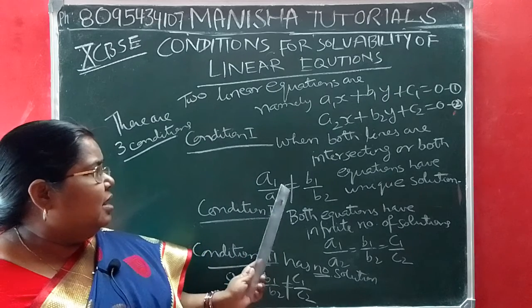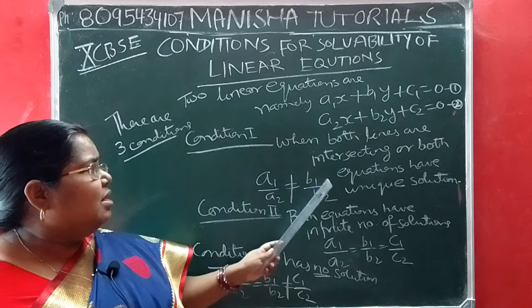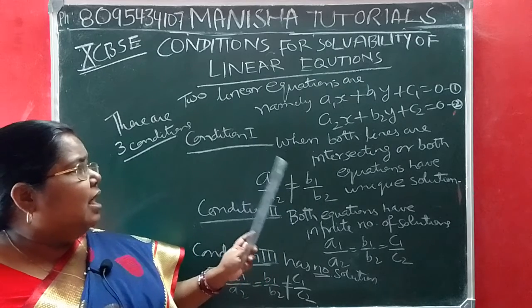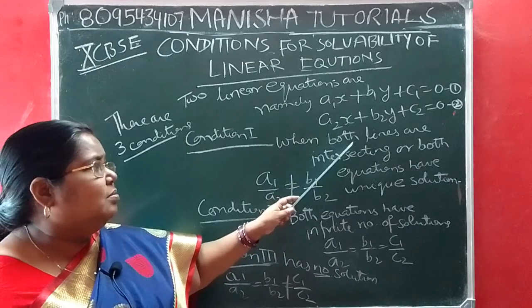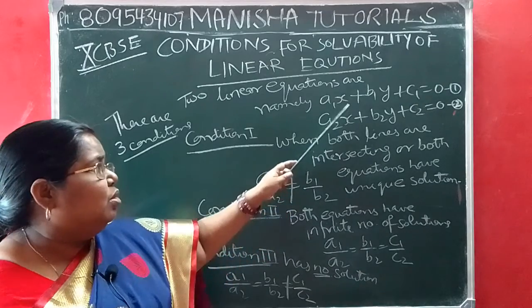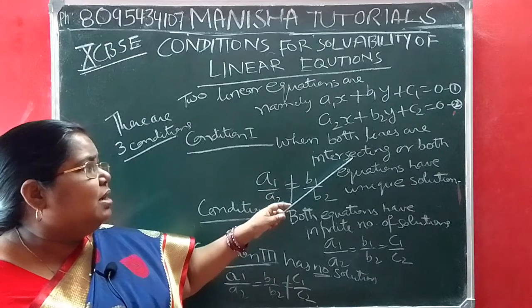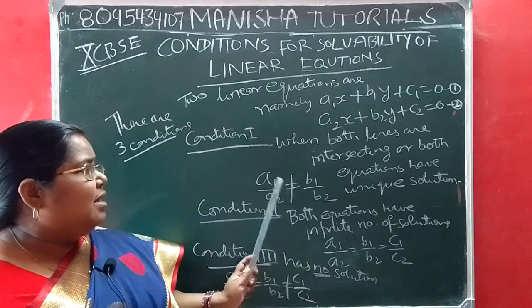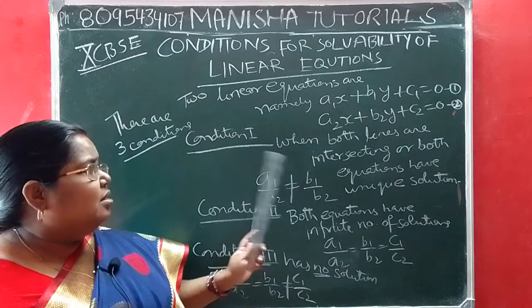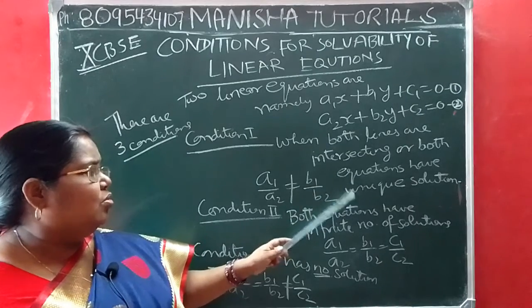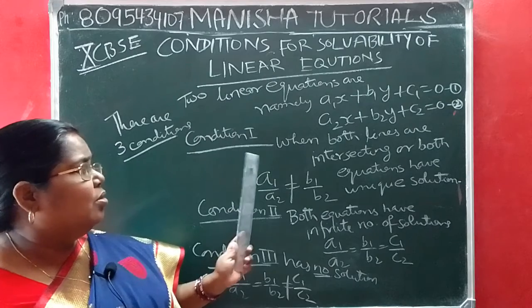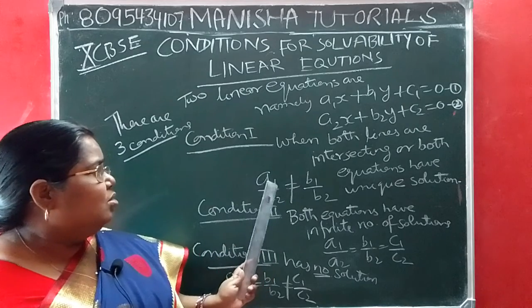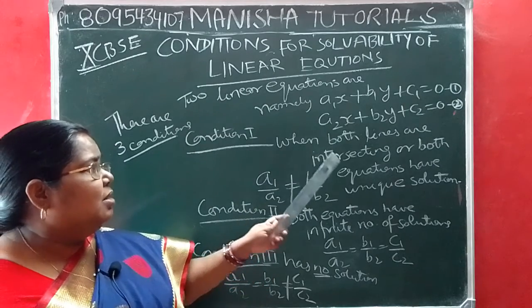If you draw the graph of both equations, then both lines will intersect each other. This is condition 1, or the equations have a unique solution. Then you will be asked the value of the unknown k so that both equations have a unique solution.